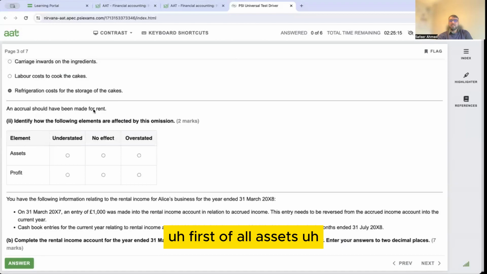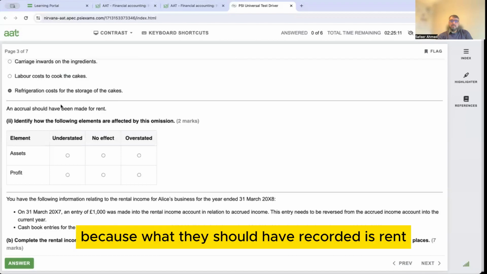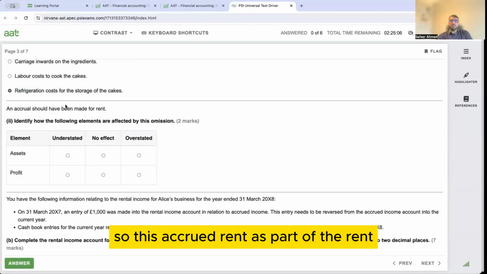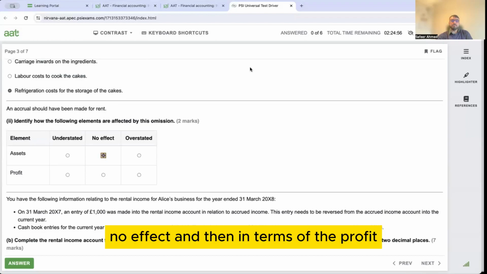First of all, assets. Now you can see that it's got nothing to do with asset in that sense, because what they should have recorded is rent, so this accrued rent as part of the rent, and then accrued rent as a liability. So it's got nothing to do with asset. Therefore, no effect.